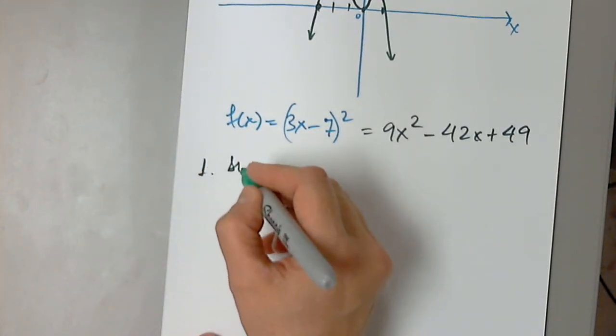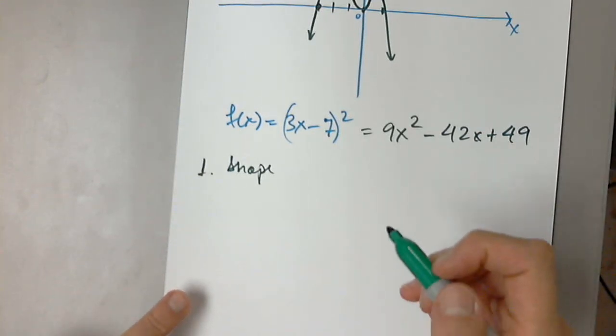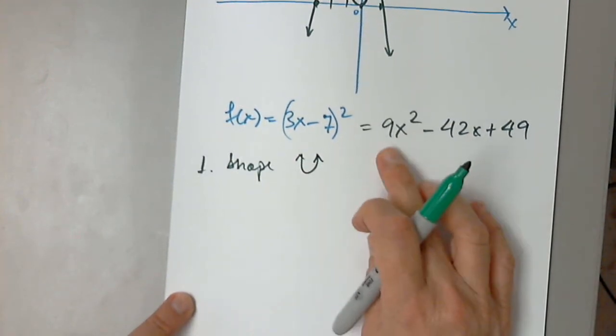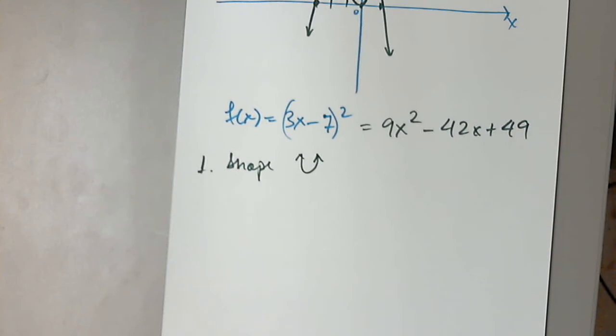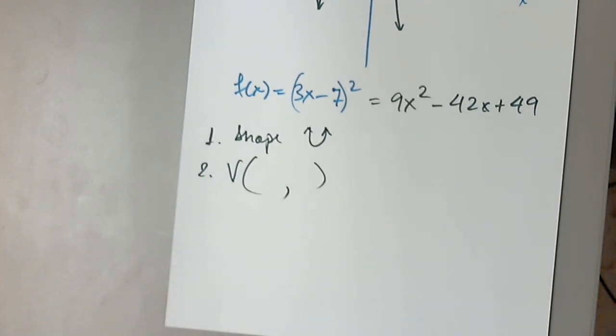Number 1 is the shape. Minimum or maximum? You know it's a minimum because the leading coefficient is positive and it has to come from positive infinity to positive infinity. Now we know that, right? Very good. Number 2, the vertex. How do I find the x-coordinate of the vertex?